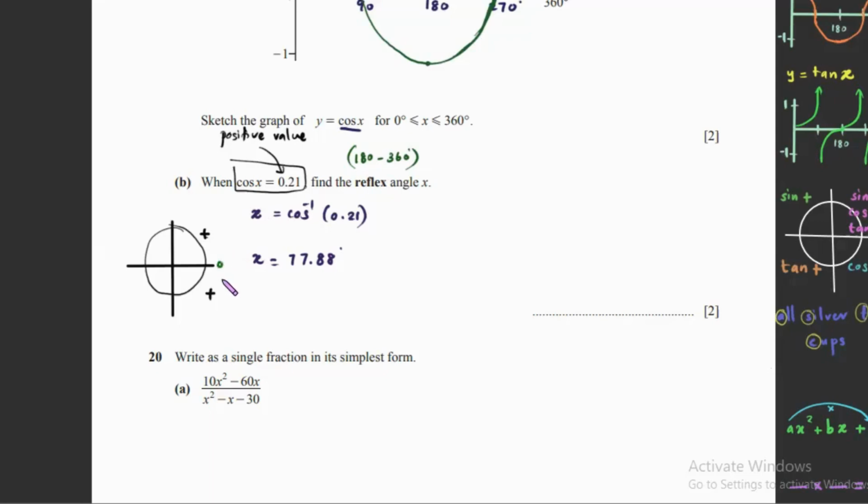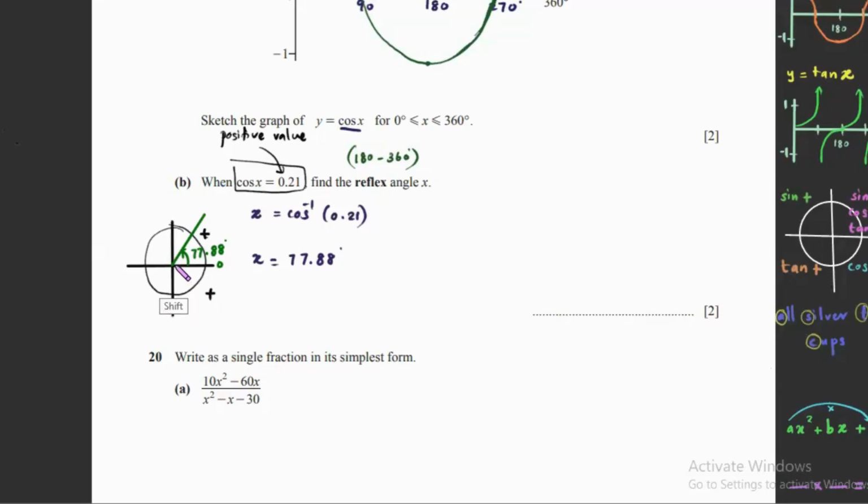So we need to start at 0. So from 0 starts here, and 77.88 degrees will be like this angle. Now, I need to reflect this into the quadrant where cos is positive. So the fourth quadrant is where cos is positive.